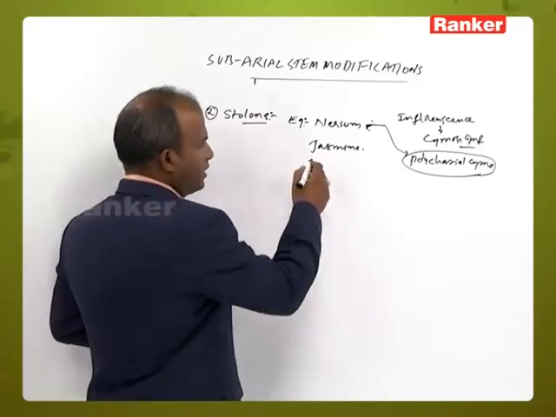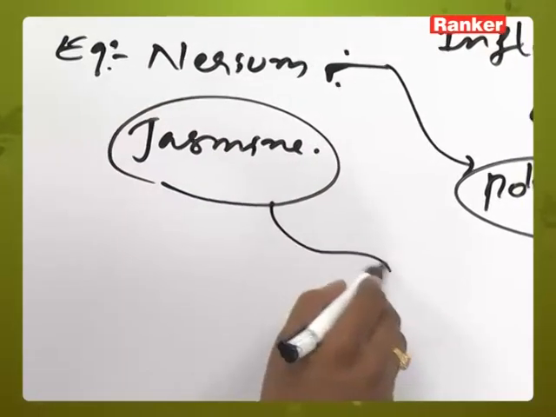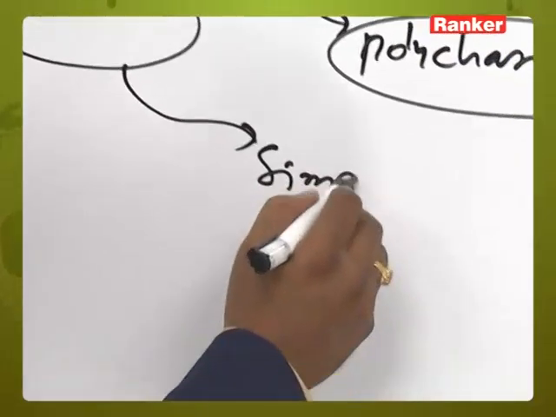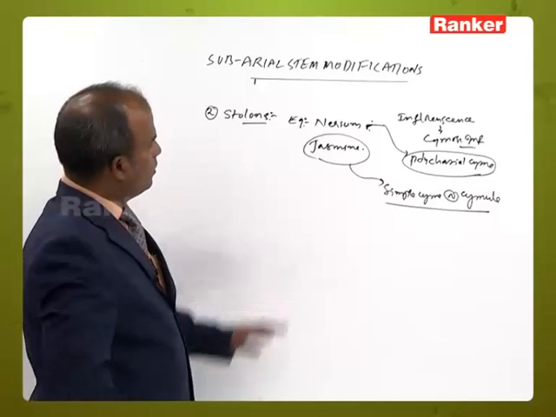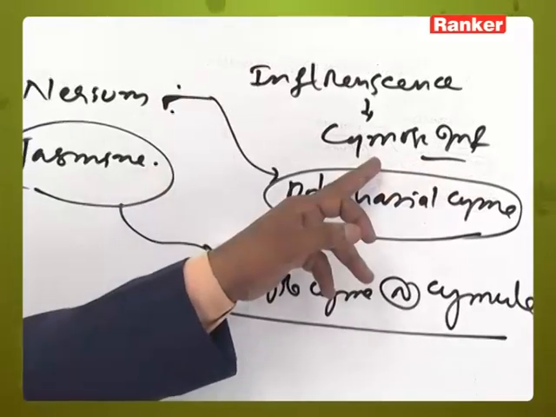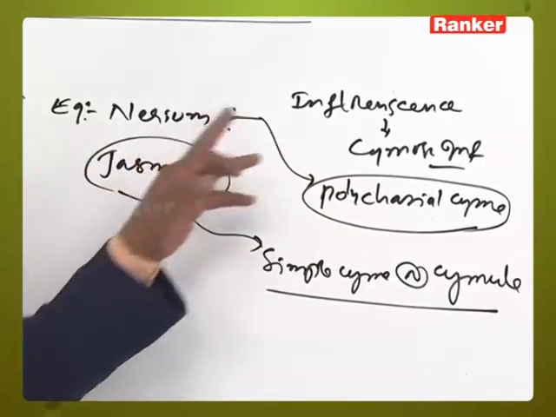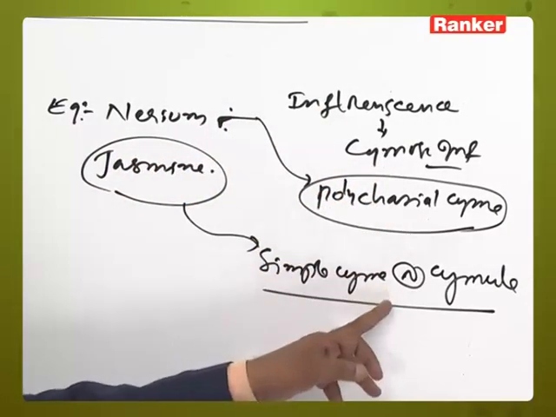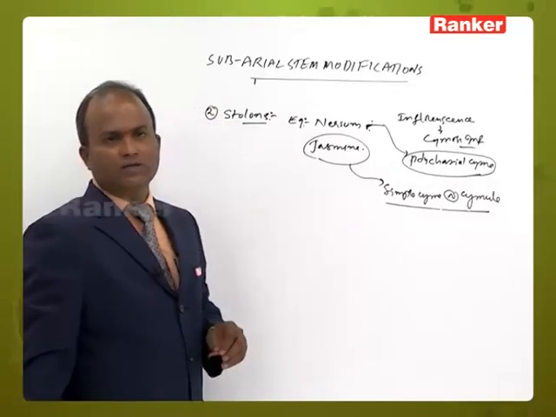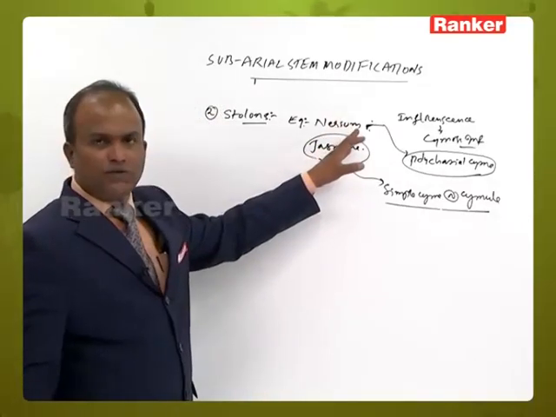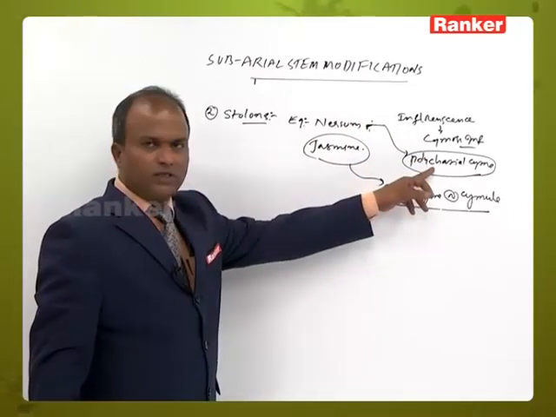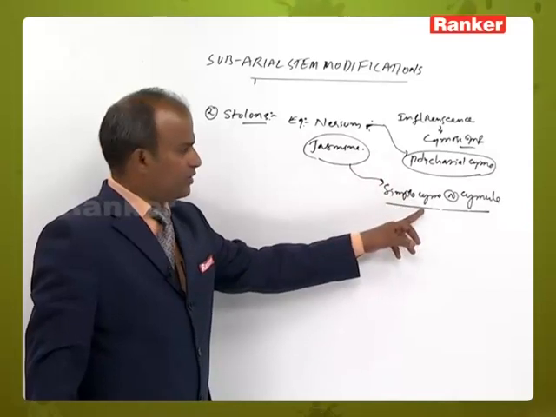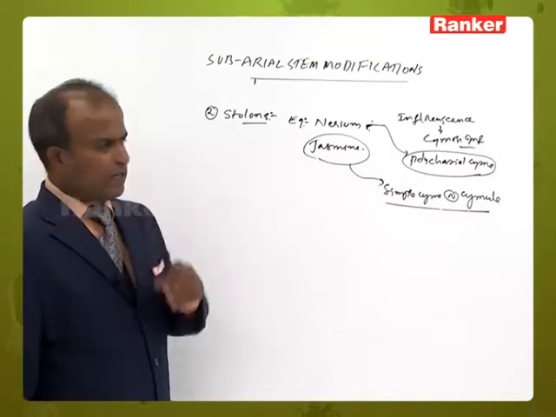And jasmine shows a simple cyme or cymule. In nerium the cymose inflorescence is a polychasial cyme, and in jasmine the cymose inflorescence is a simple cyme or cymule. When we come to inflorescence, I will explain this there.